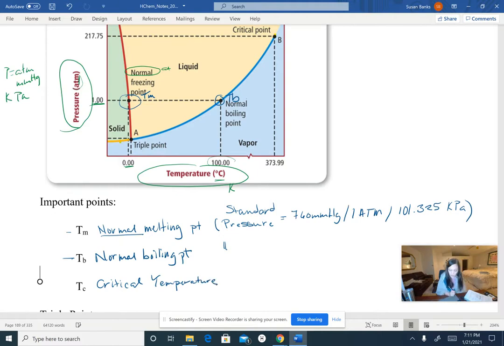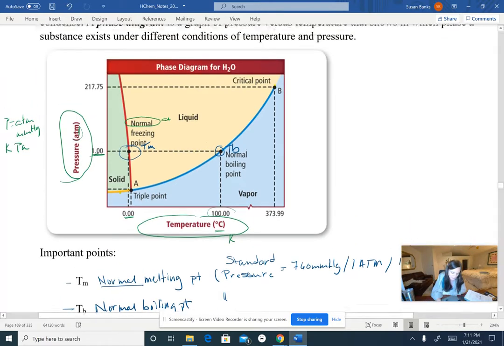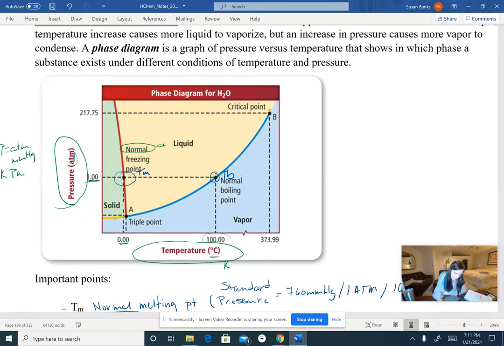Now, if you recall from up top in our notes, our critical temperature is the temperature at which we can last liquefy the substance. So here at B, this is TC. This is our critical temperature.